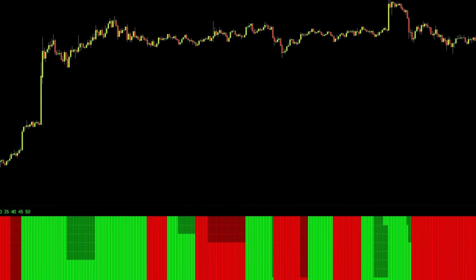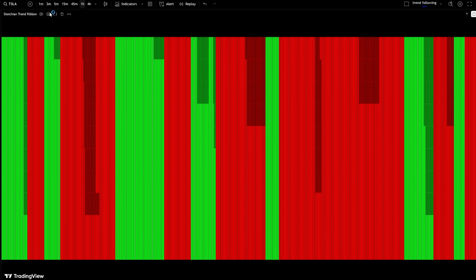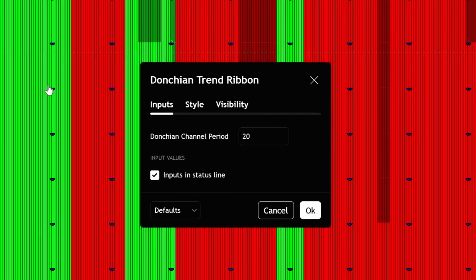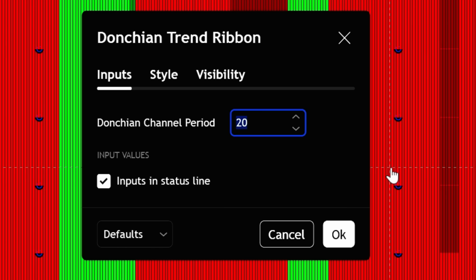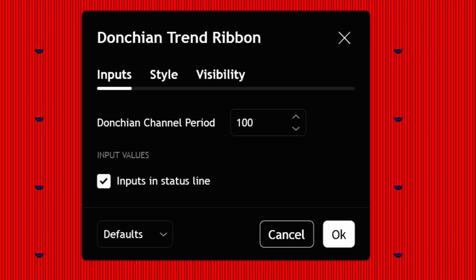By default, its period is too short, so open the settings and increase the Donchian channel period to 100. Now, the ribbon gives a clear picture of longer-term momentum. Green means bullish momentum and red means bearish momentum. Simple but critical for confirming trades.